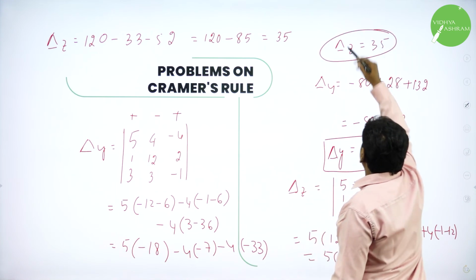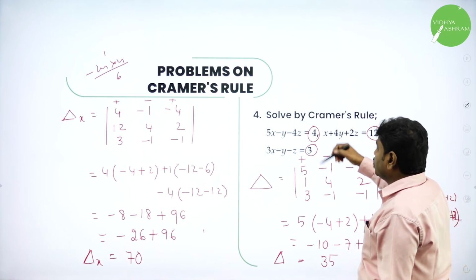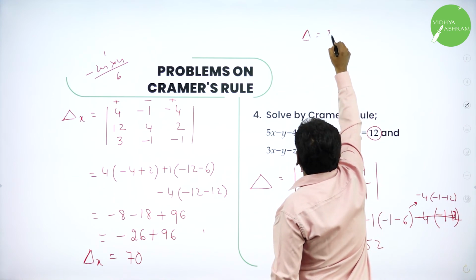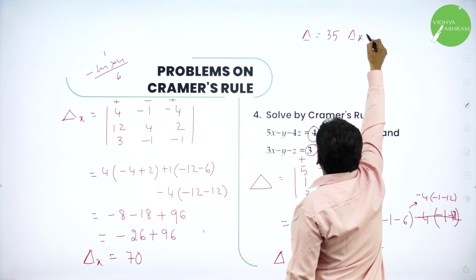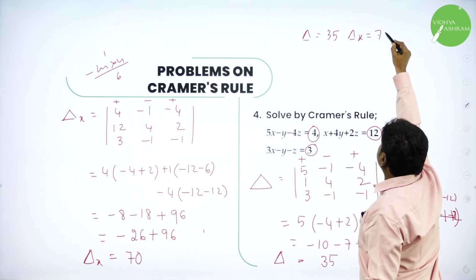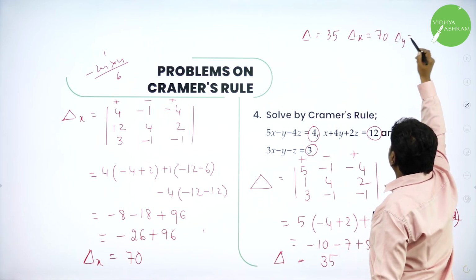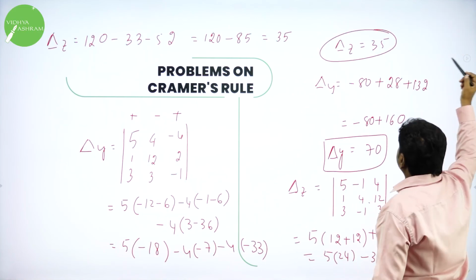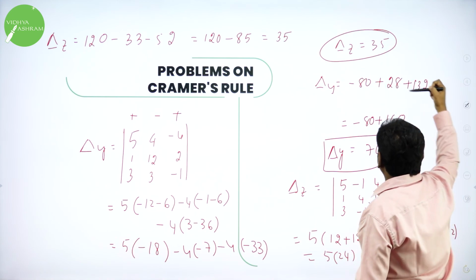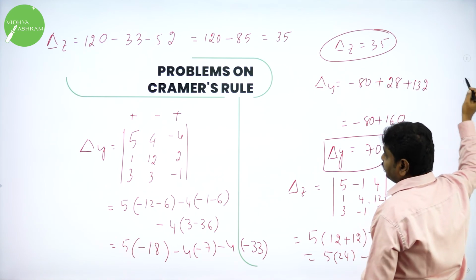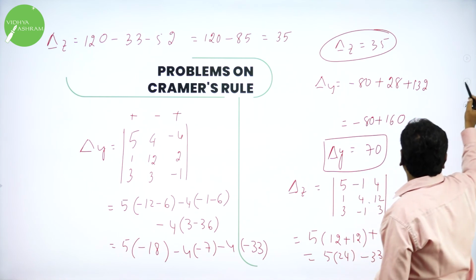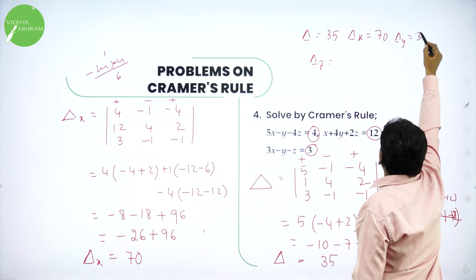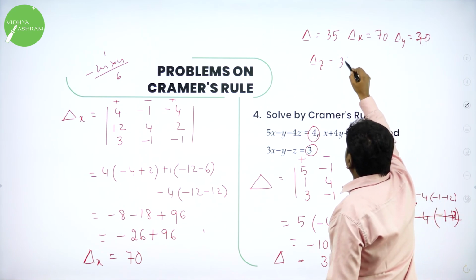So now substitute. Here we know delta is exactly 35, and we got delta x is exactly 70, and just now we got delta y and delta z. When you refer, delta z is 35, delta y is 70.